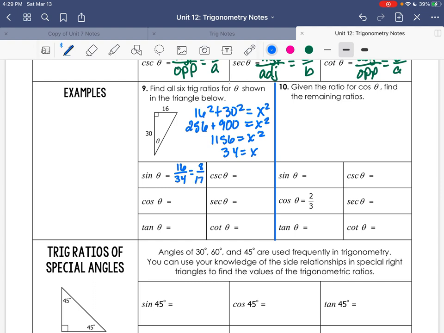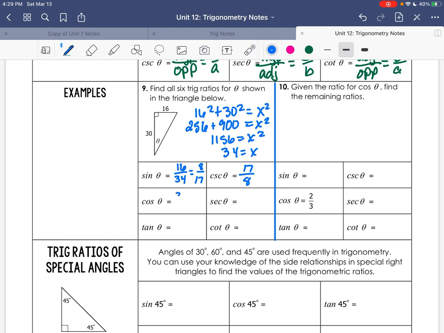If you want to use a calculator to do this, I certainly do not care. Now, what makes this easy for the right-hand column is the cosecant is just the reciprocal of sine. So you can just find sine, and then cosecant is the reciprocal of that, so you don't have to work it out a second time.